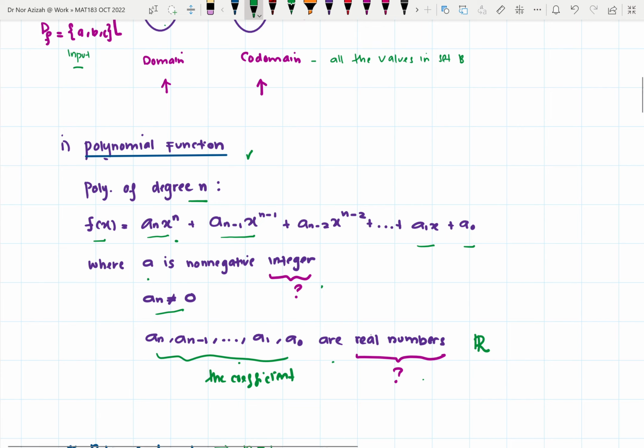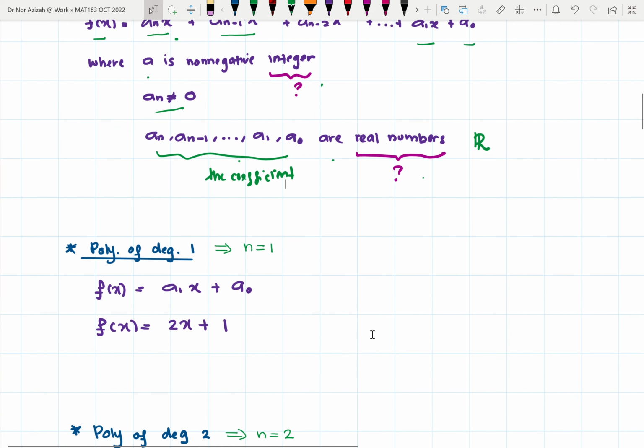Okay, so now look at the first example. What is a polynomial of degree 1? A polynomial of degree 1 means you have n equals 1. That means you have a linear equation.